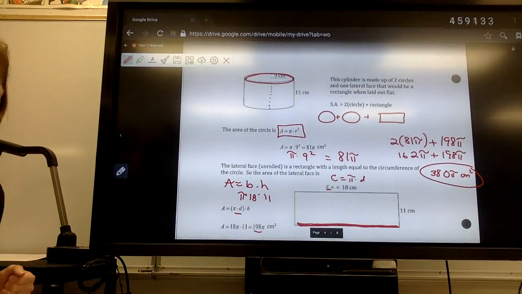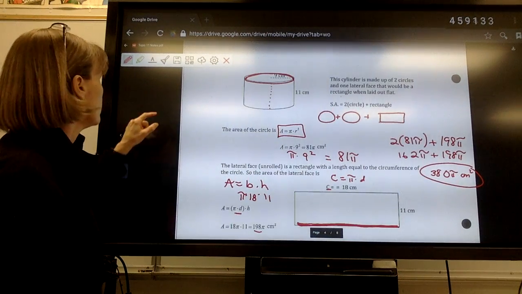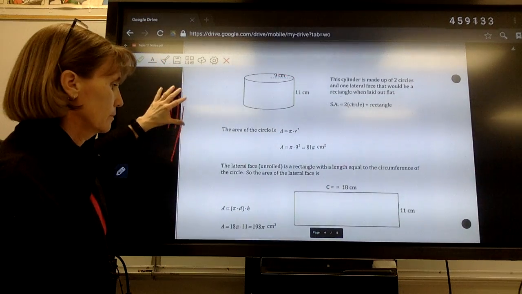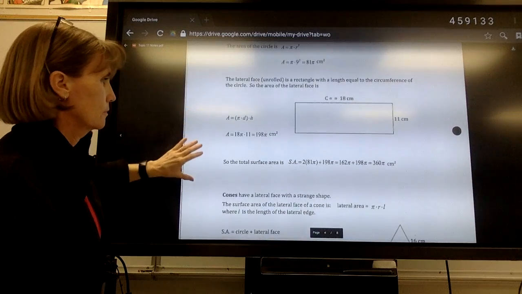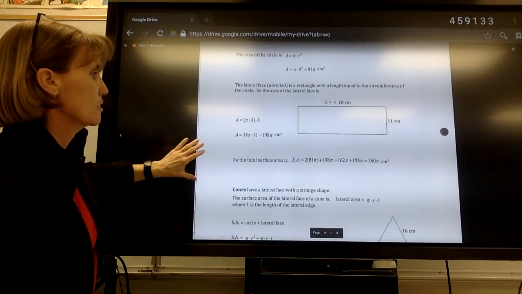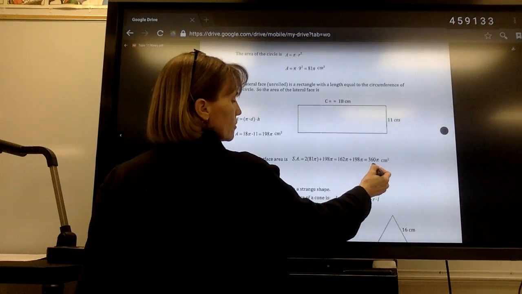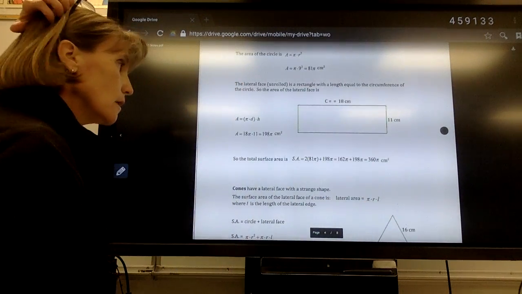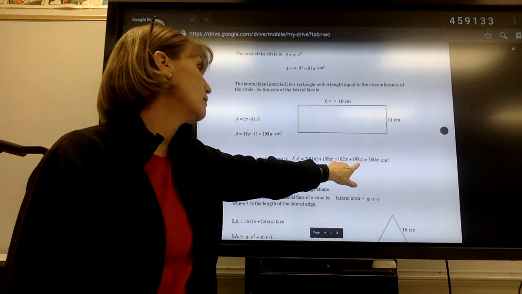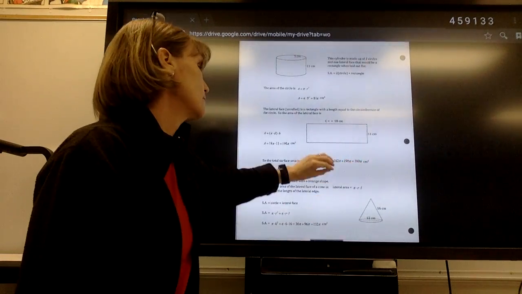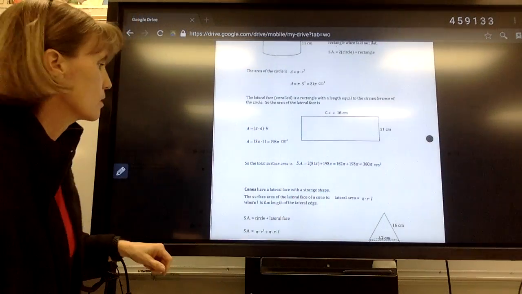My final total would be 380 pi centimeters squared. Oh, it looks like I must have, oh, I added wrong. It's not 380, it's 360. I think I added wrong here. 162 and 198 is 360. Sorry about that. I don't have anybody here to catch me when I'm wrong.